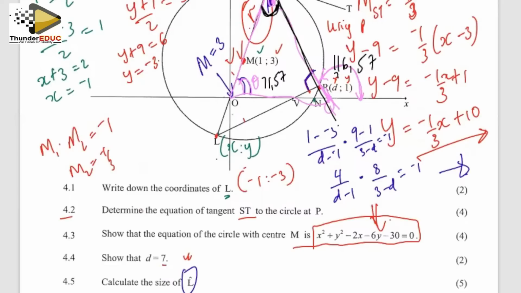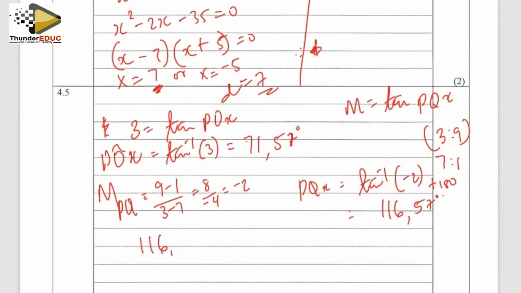Then OPR, okay? Saying OPR is going to be 116.57 minus 71.57. Okay, 116.57 minus 71.57, which gives me a 45.